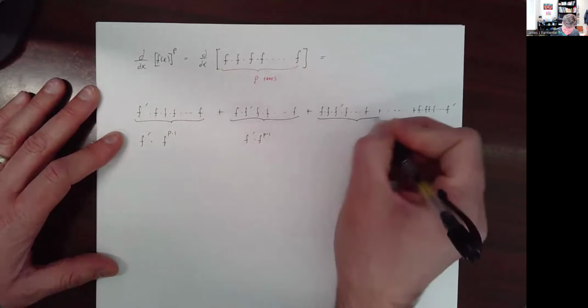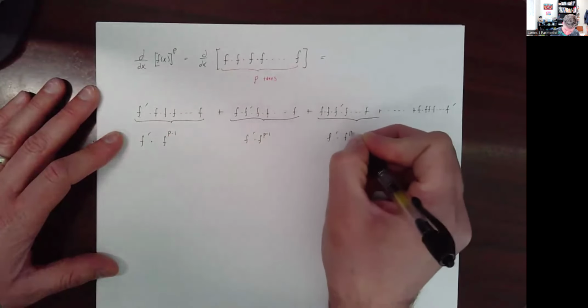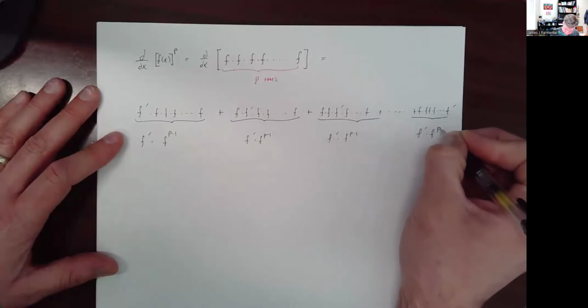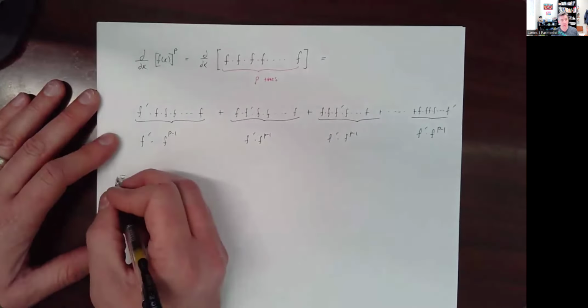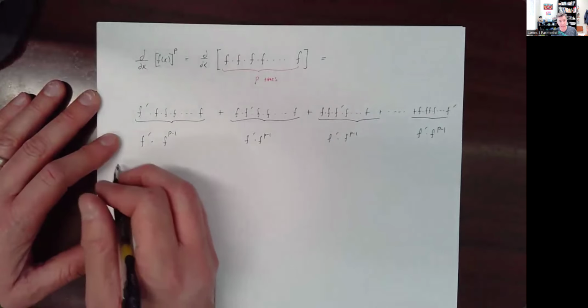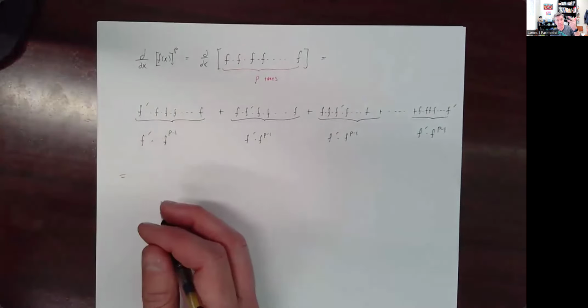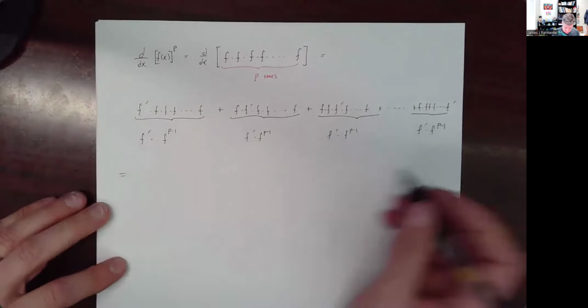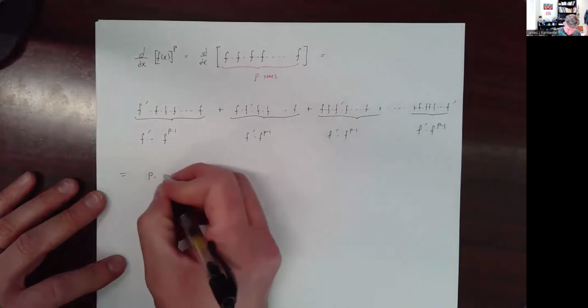And so are all of them. And how many of them are there? Oh, there's p of them. So really you have something added to itself p times. And just like 5 plus 5 plus 5 plus 5 plus 5 plus 5, 6 times, is really just 5 times 6, this plus this plus this plus this, p times, is really just p times all of that.